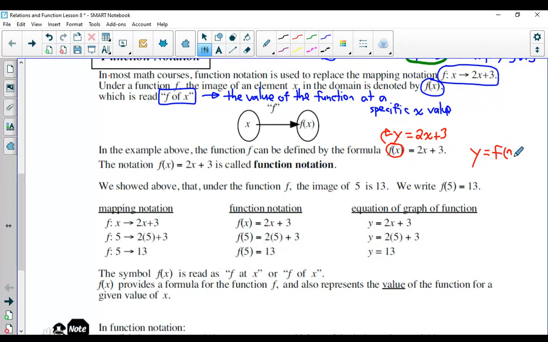The value of the y you calculate is the same thing as f of x, which is the function evaluated at x, because that's what you're doing here, when you're plugging in a value of x and determining what a value of y is. These two mean the same thing. y and f of x are identical.